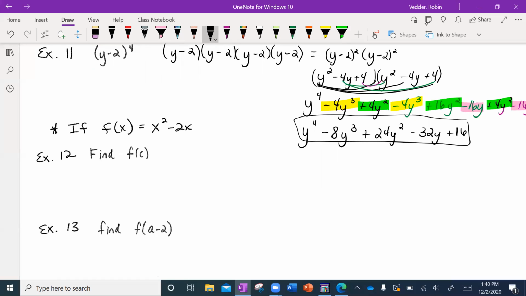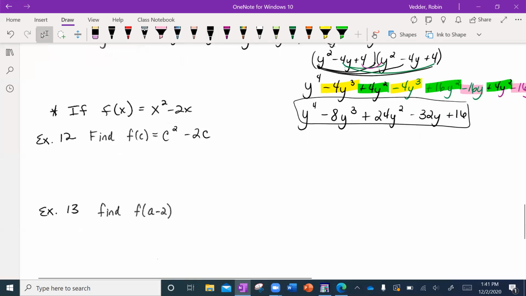Whatever's in parentheses, you go ahead and replace your variable with what's in parentheses. So essentially, replace x with c. So instead of x squared, it becomes c squared. Instead of negative 2x, it becomes negative 2c. So whatever's in your parentheses gets replaced.